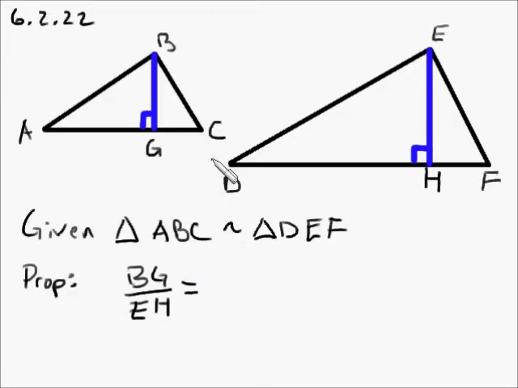When you're talking about an altitude, the side of that altitude is the side that it's perpendicular to. In this triangle ABC, the side of BG is AC, and the corresponding side is DF over here.